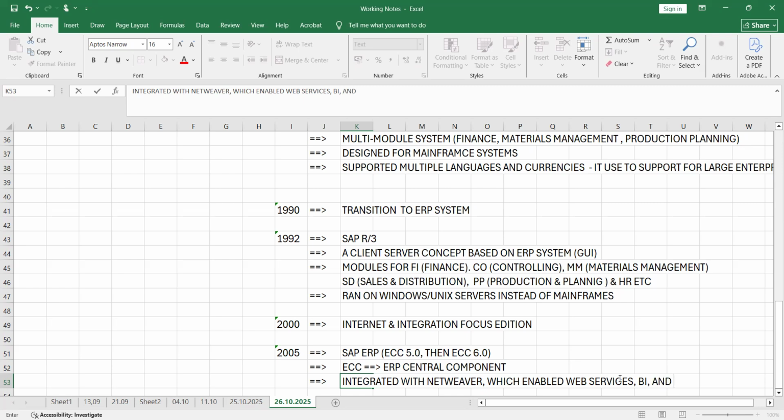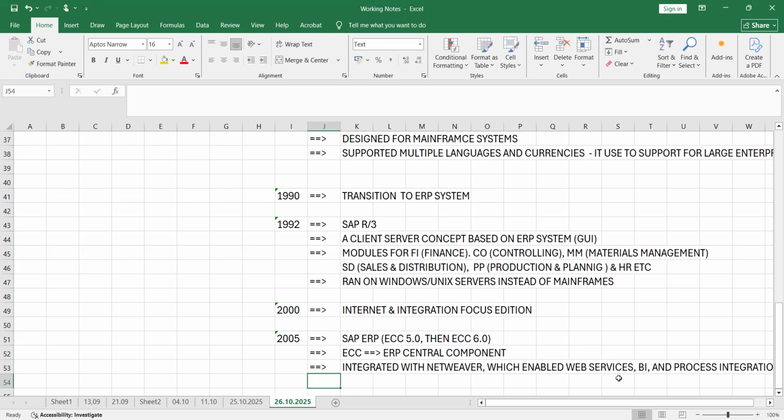And business intelligence and process integration. What do you mean by process integration? The finance department is one separate department, the accounts department is a separate department, marketing is separate, production is separate, sales is another department. So if I want a common report, these need to be integrated, correct? Integration in the sense of linking.